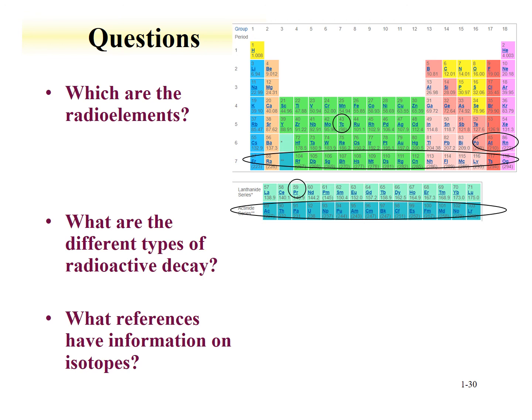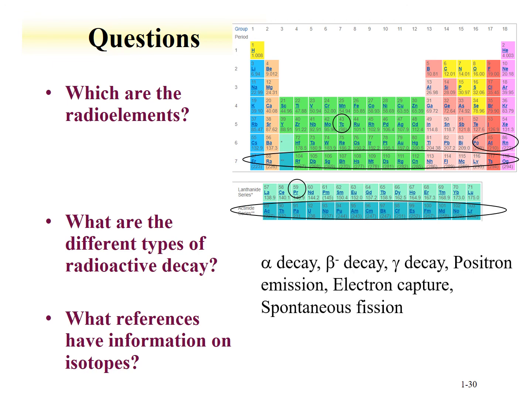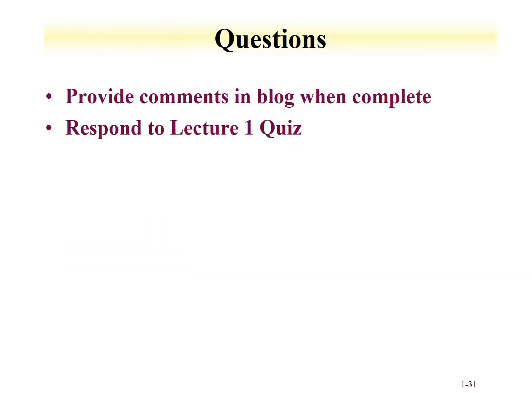Everything above bismuth, and then technetium and promethium. What are the different types of radioactive decay? Alpha, beta, gamma, positron emission, electron capture, spontaneous fission. And then what references have information on isotopes? Chart of the nuclides and the table of the isotopes.